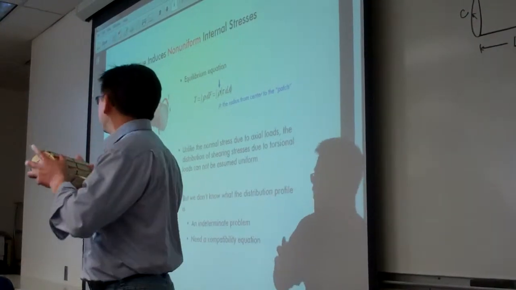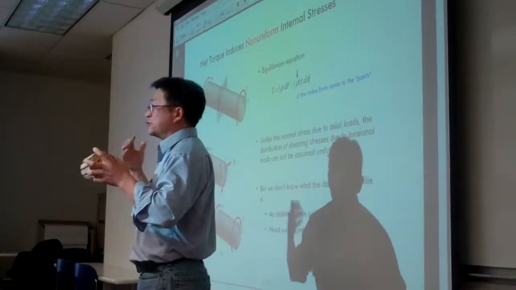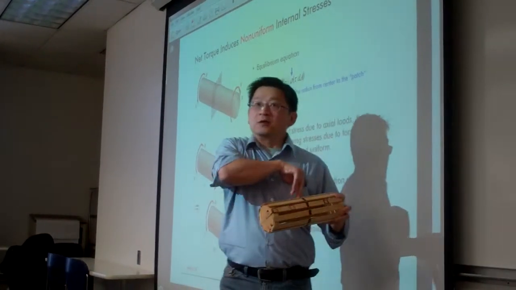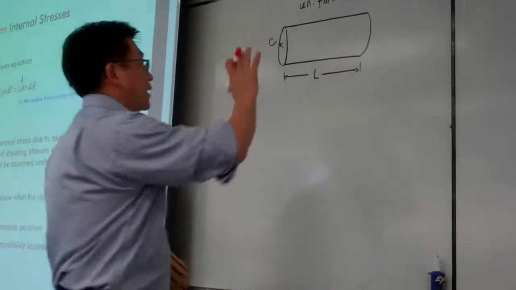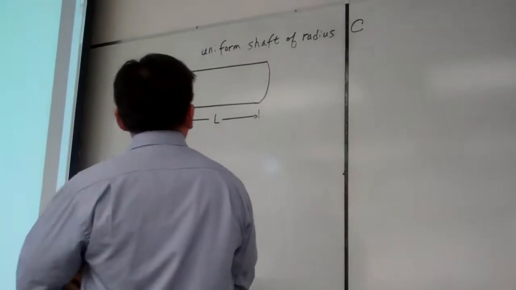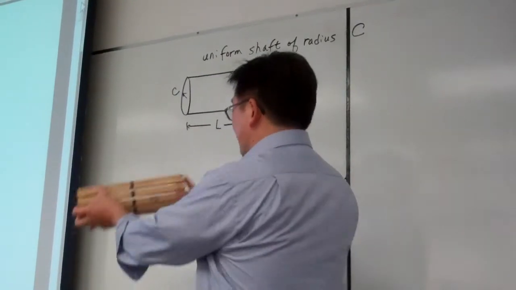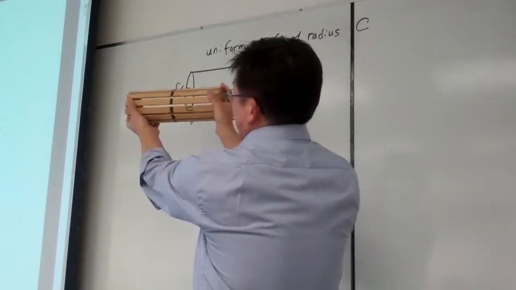The first symbol describes the loading, which is the torsion, just like we draw here. If we circulate the shaft, that means one type of loading of the torsion will be like this.